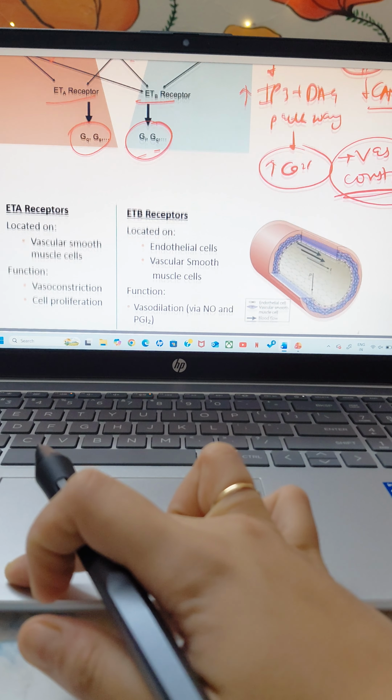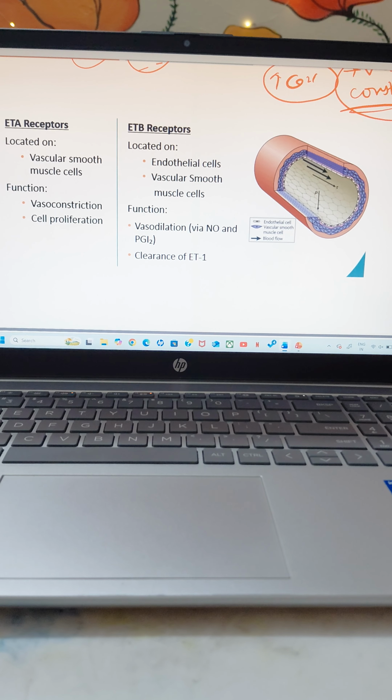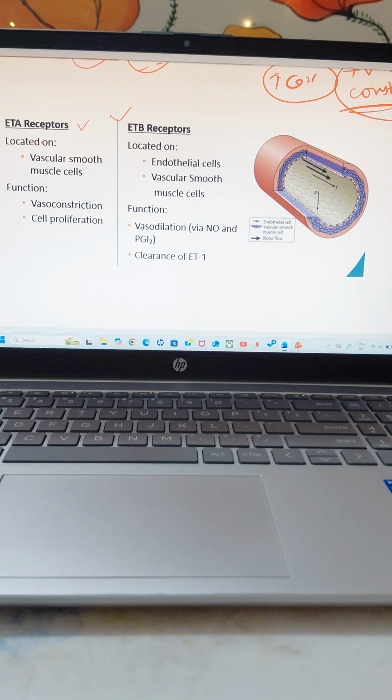Now we'll discuss where these receptors are present. We know there are two types of receptors, but where are they present? ETA is mainly present in vascular smooth muscle cells. These blue ones are the vascular smooth muscle cells, in the tunica media, the middle layer. ETB is present on endothelial cells, which is the innermost layer, the tunica intima, and in vascular smooth muscle, that is tunica media.